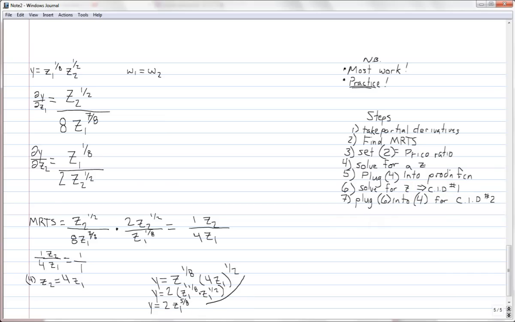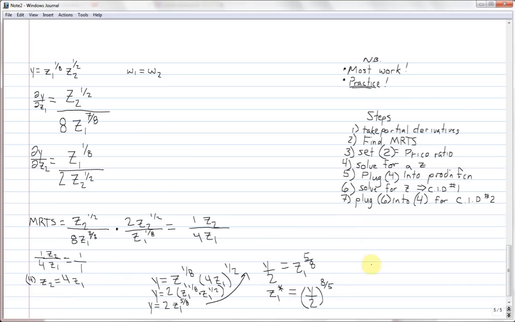So I will say that y/2 equals Z1 to the 5/8. All right, so then Z1 star, which is my conditional input demand, must be y/2 to the power 8/5.